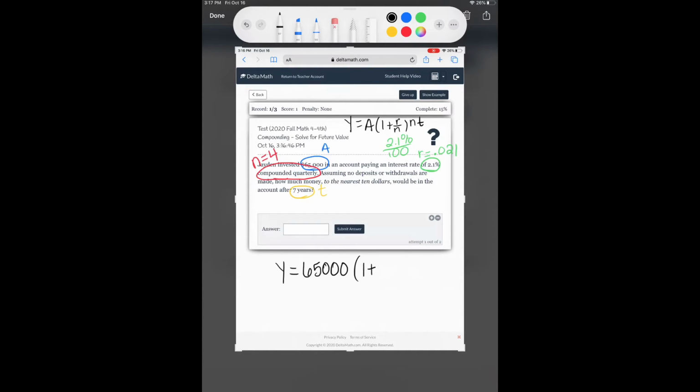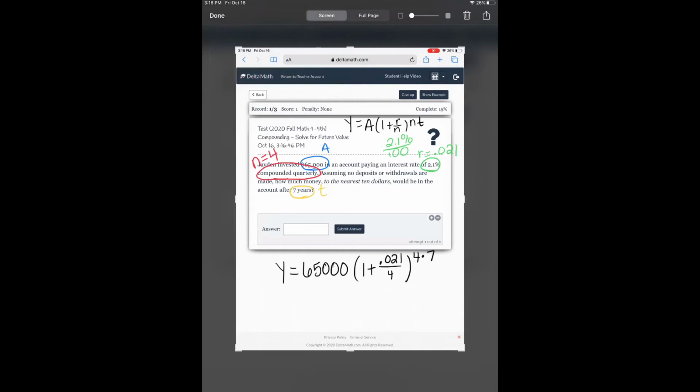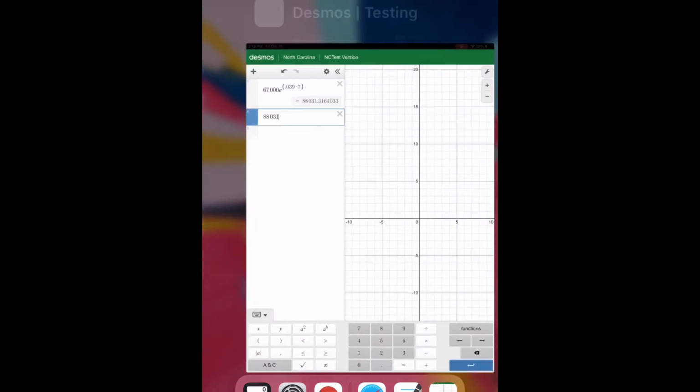All right, and all I should have to do is plug in what I know. My initial value is going to be 65,000, 1 plus my rate, which was 0.021, over the compound. So quarterly is 4 times a year, and we're going to raise that to 4 times 7 years. Again, I can put this directly into Desmos.